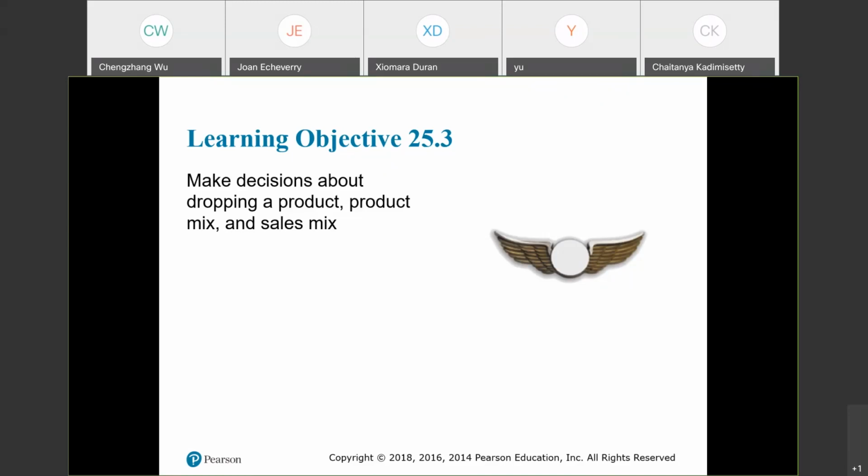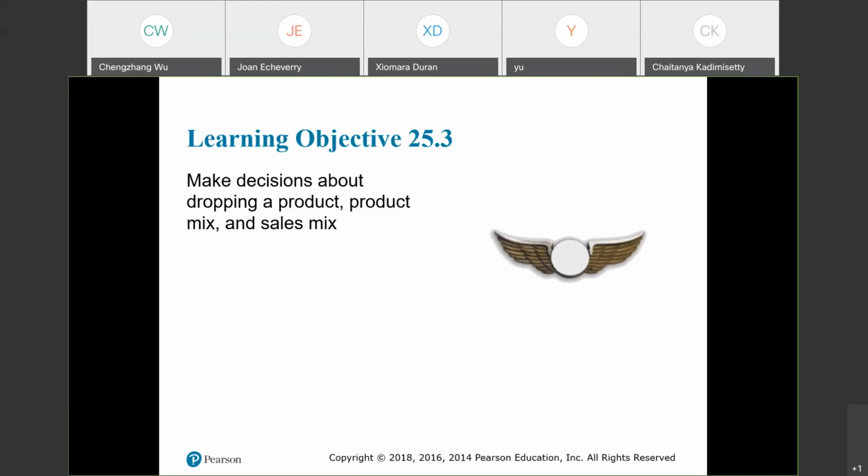So in this case, if the selling price, the sales tax, and insurance premium are different between the two models, this information is considered relevant because they differ and they are future costs to the business.